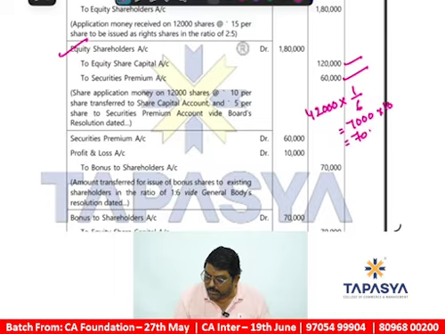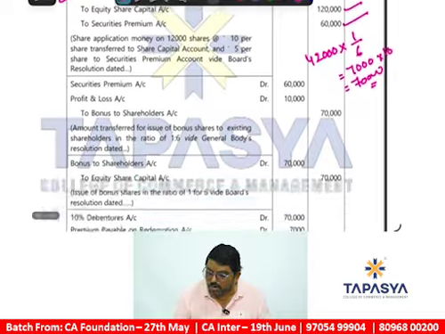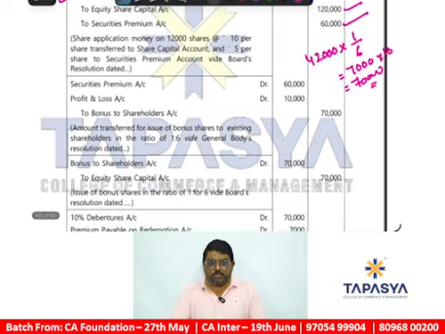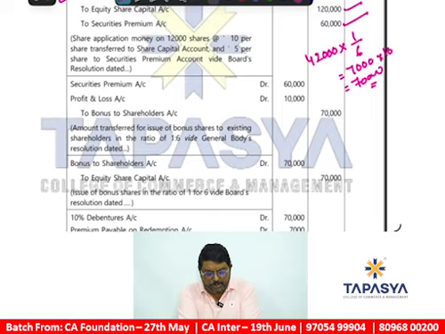That is 70,000. How do you write the entry? Reserve and surplus to bonus to shareholders, or divisible profits to bonus to shareholders, bonus to shareholders to equity share capital. While using, definitely we can use security premium, just now it is created 60,000. 10,000 more is required, you can use your divisible profit 10,000.